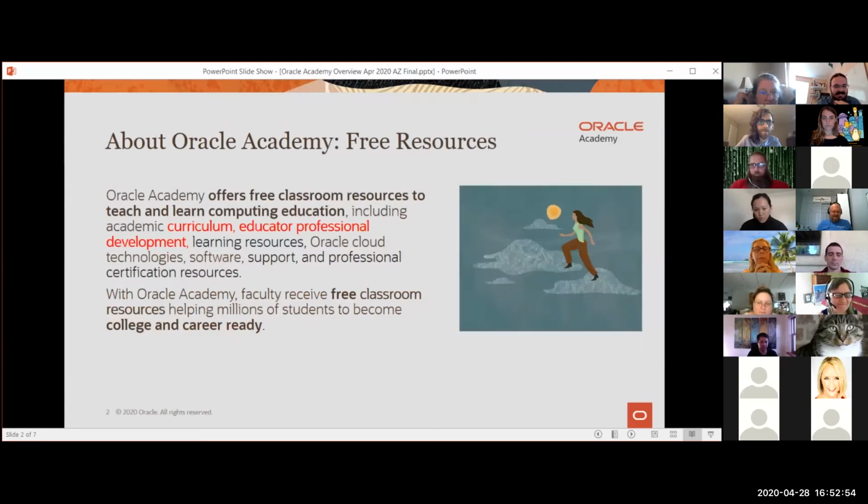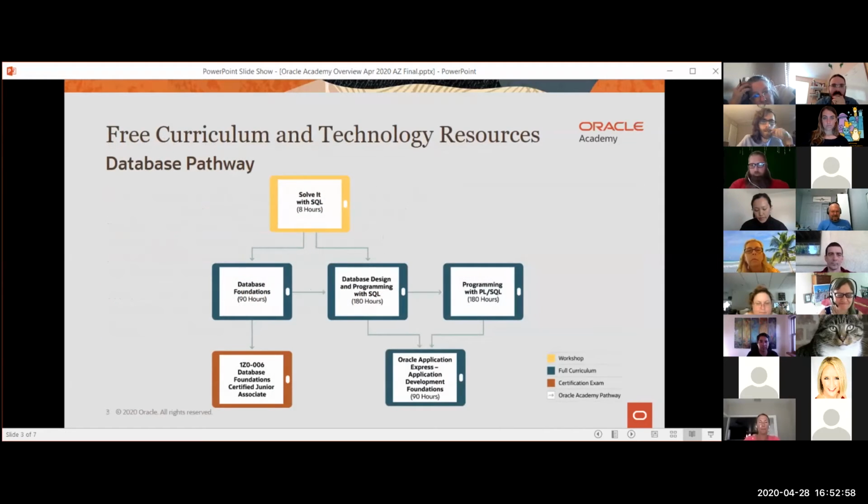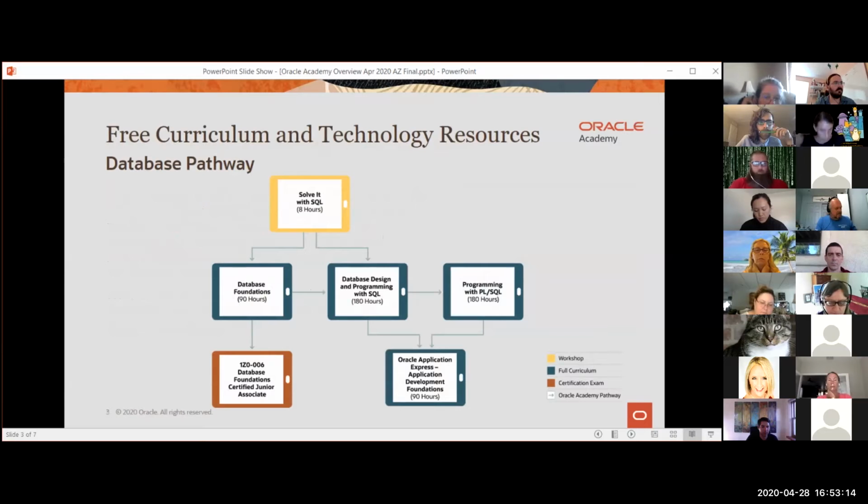Okay, so I'm going to dive in a little deeper. This is what you should see up on your screen, our database pathway. So we provide curriculum that teachers can use in the classroom to teach database. When you see these bluish boxes, this is what we call the full academic curriculum. There are 3 of those classes, and all 3, it's a progression.